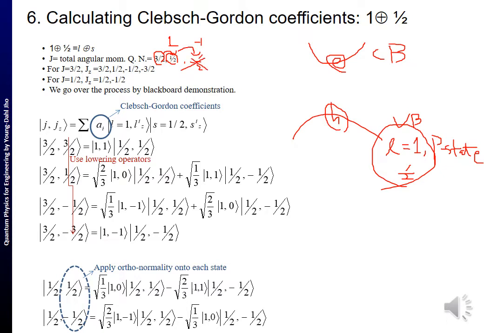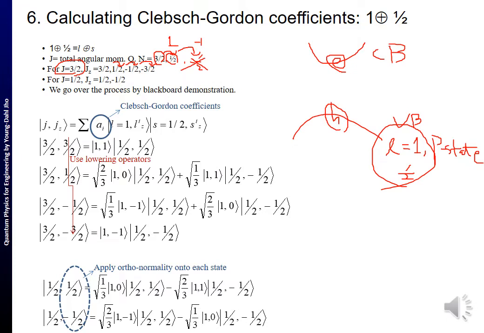That's why we only have 3/2 and 1/2 for J. For J equal 3/2, the z-directional quantum number Jz is 3/2, 1/2, minus 1/2, minus 3/2. Likewise, for J equal 1/2, Jz equals 1/2 and minus 1/2.